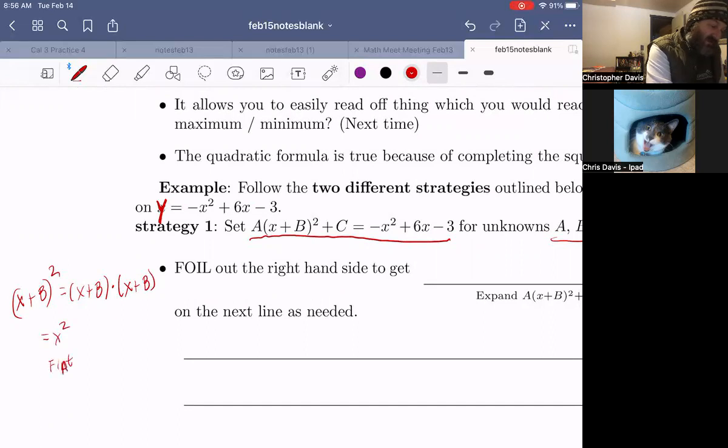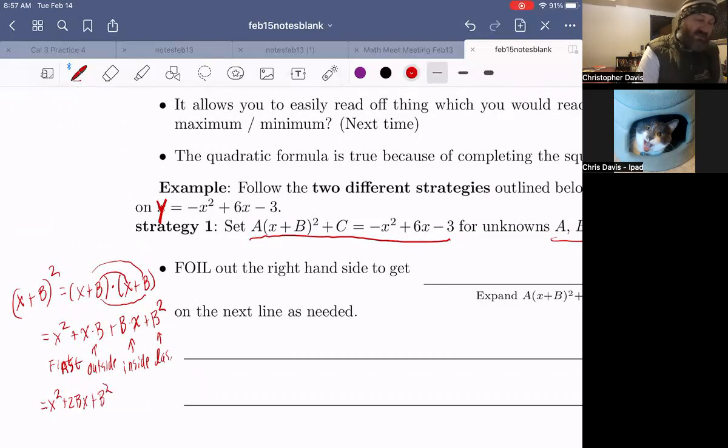You take the first term, then you take the outside terms, plus x times b, outside plus inside, b times x, plus just the last terms. B times b is b squared. Equals x squared plus 2bx plus b squared.